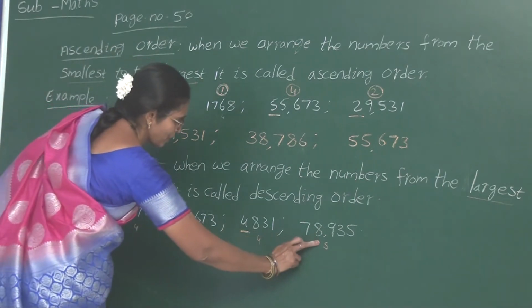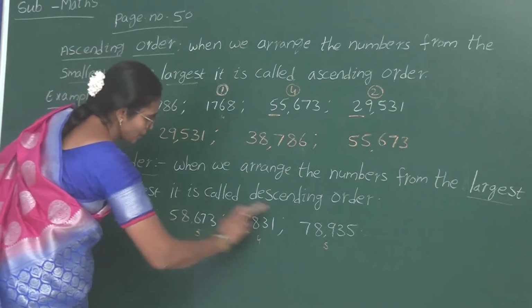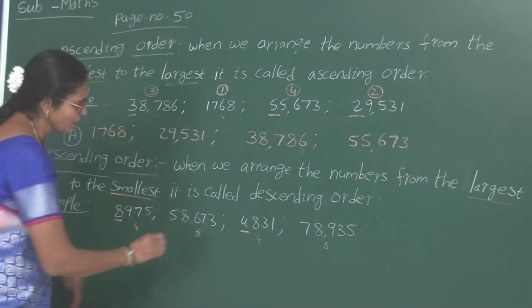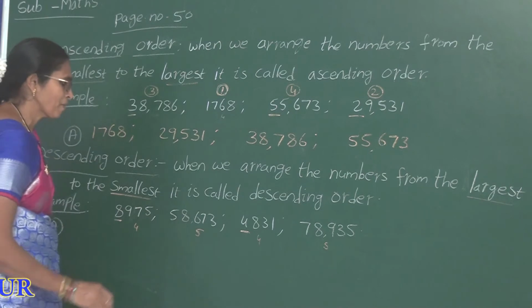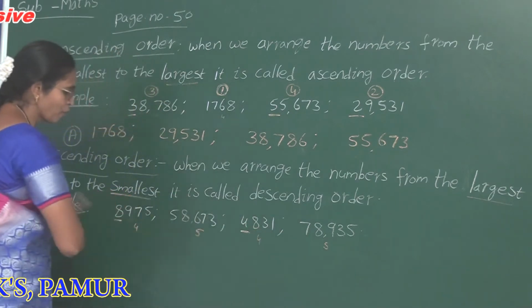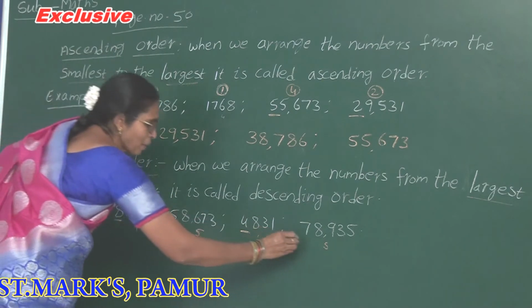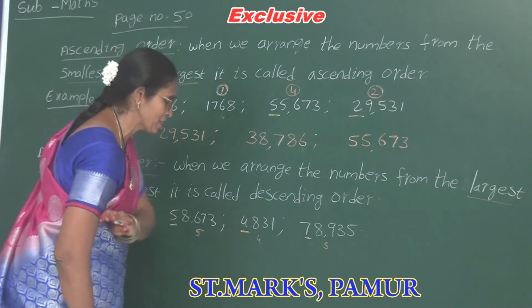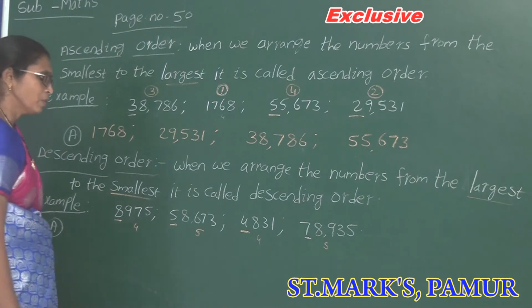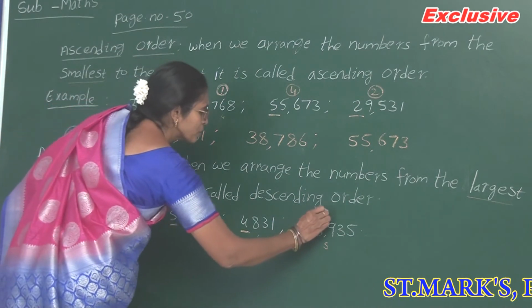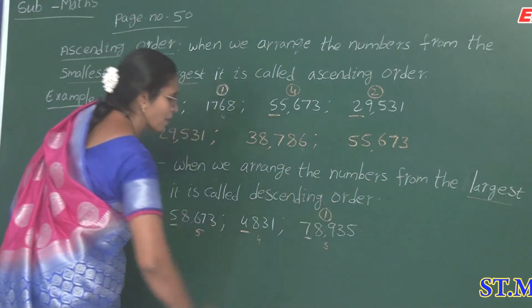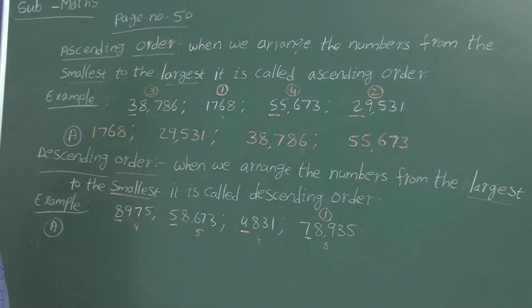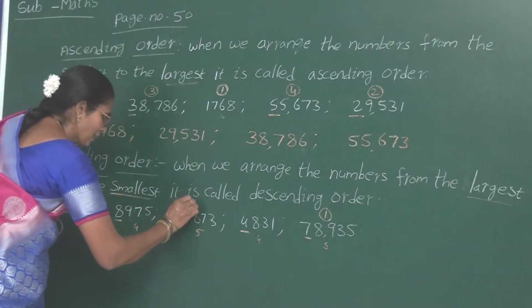We want to find out the greatest one among these. Here are the 5-digit numbers. Compare the 5-digit numbers first, after that the 4-digit numbers. Okay, 5-digit numbers first place. What is that? 5 and 7. Out of 5 and 7, which is the greatest one? 7 is the greatest. So this number is first place. And this is in second place.